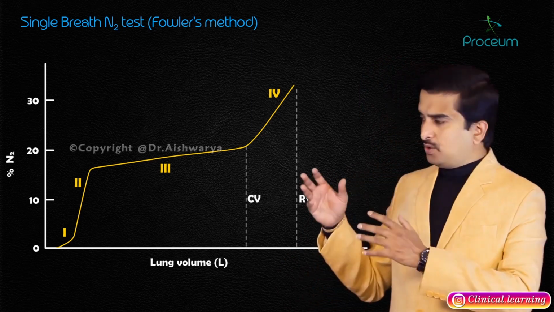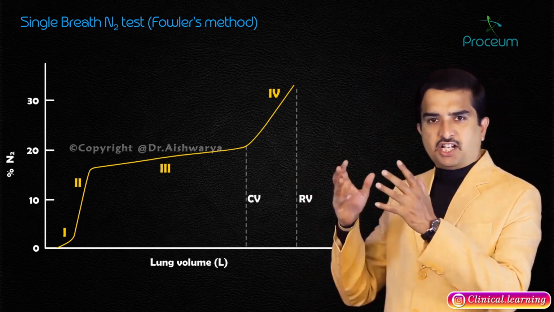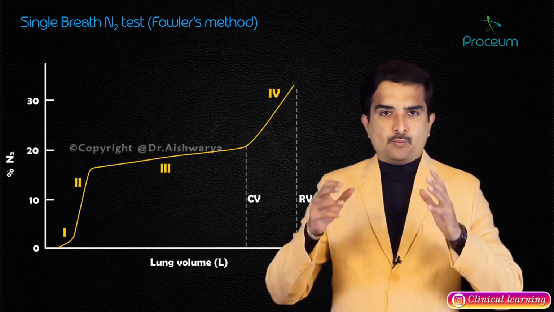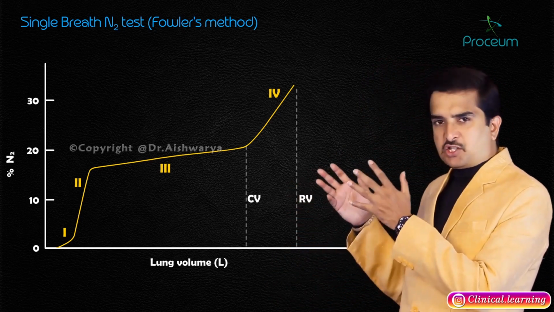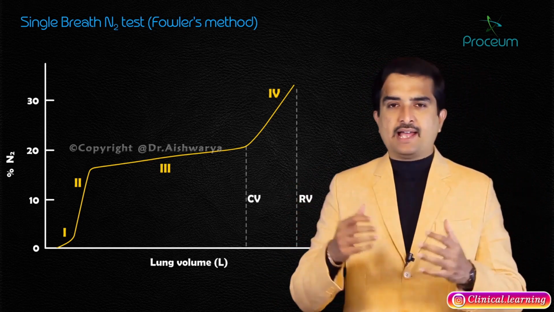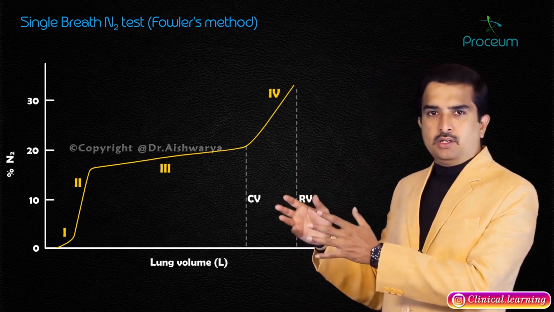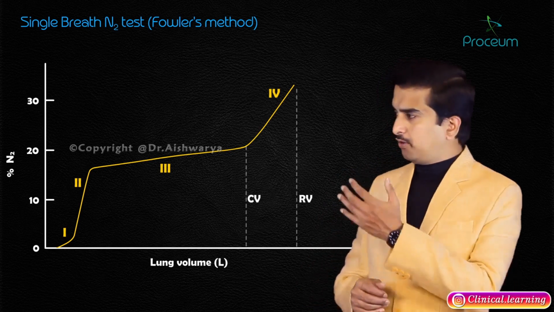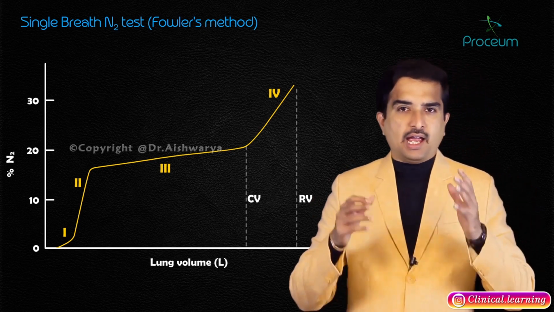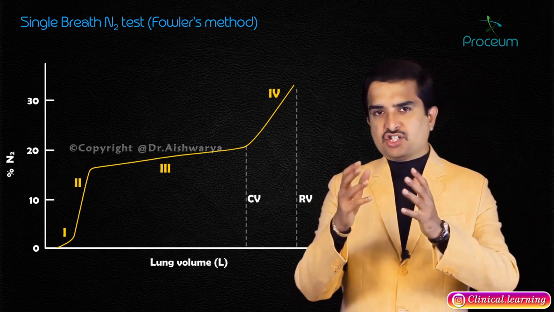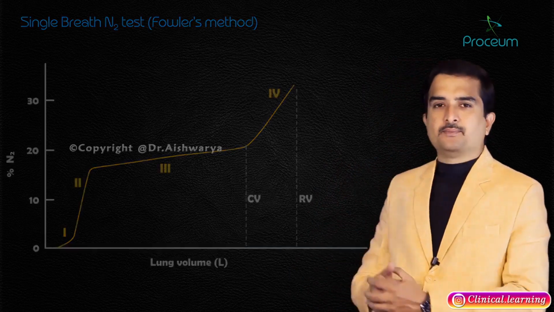Notably, region 1 represents the dead space, and from 1 to 2 is the mixture of dead space and alveolar gas. The transition from 3 to 4 is the closing volume, represented as CV, and the end of 4 is the residual volume, called RV.